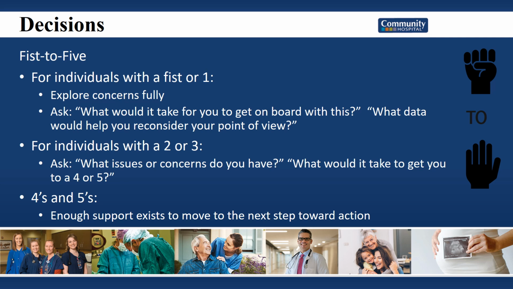What's it going to take to get you to a 4 or a 5? Are there interventions that we need to be doing? Is there something very specific that if we changed one thing in this process improvement or in our approach, would that get you there? And then when you have enough 4s and 5s, then you have enough support to move to the next step.